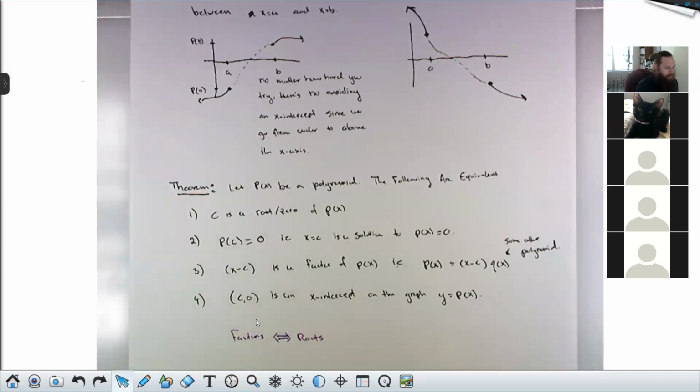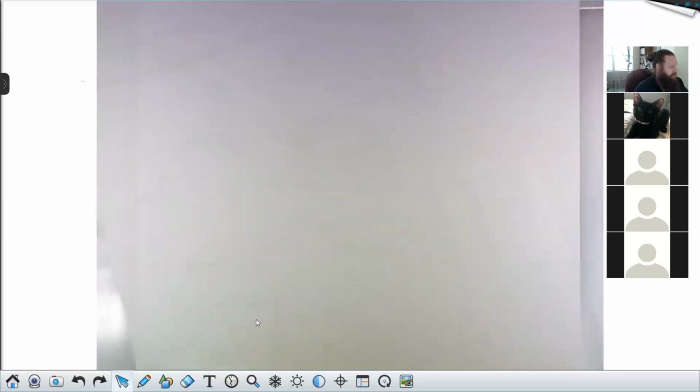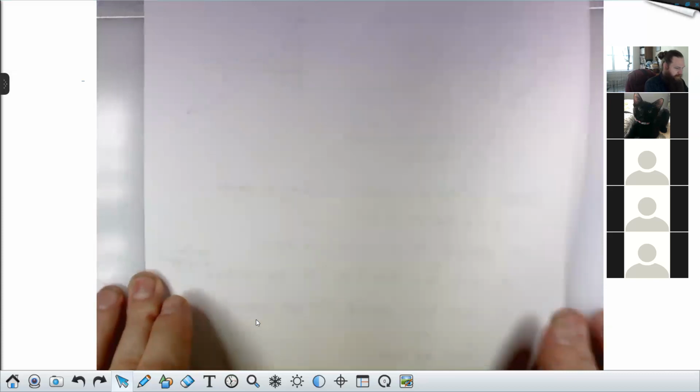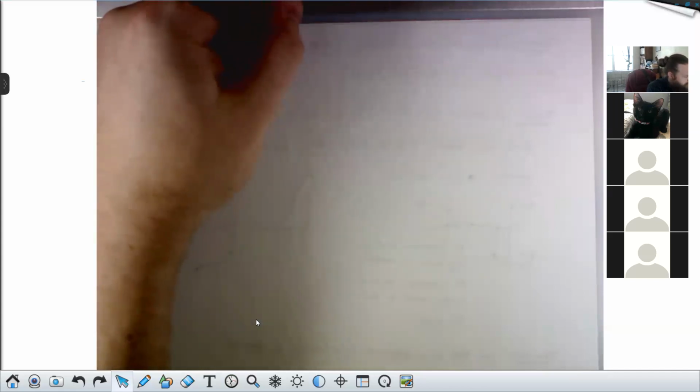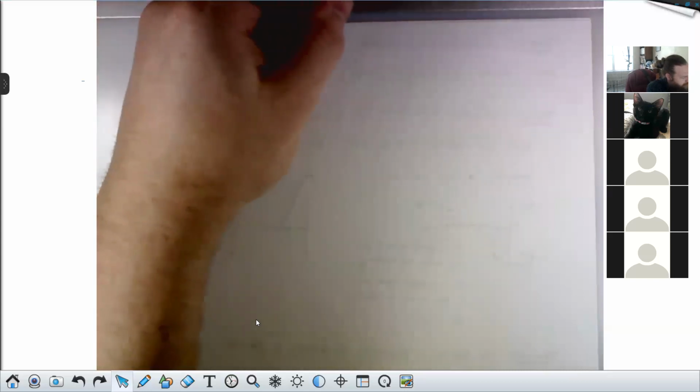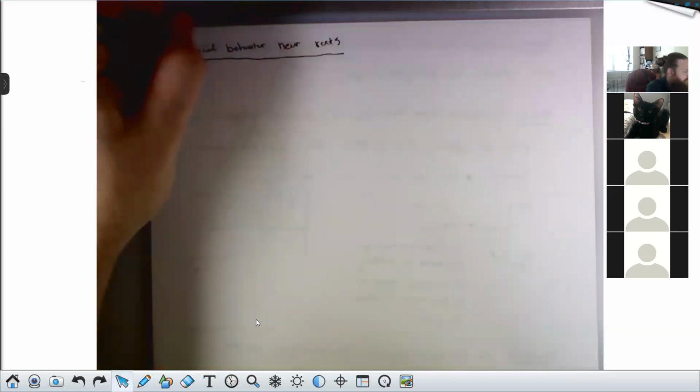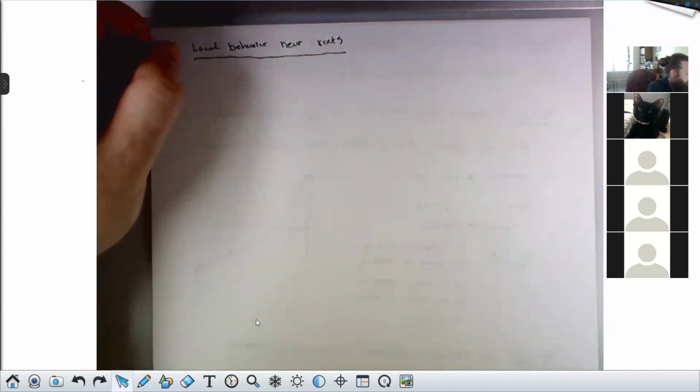There's one more thing I'd like to say about factors of polynomials, just in general. We're not going to worry about advanced factoring yet, just the stuff that we talked about yesterday, Tuesday. And this has to do with multiplicities. So to talk about this, I need to define a new term, and that is the multiplicity.